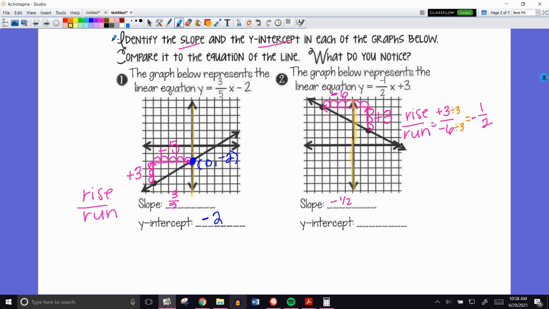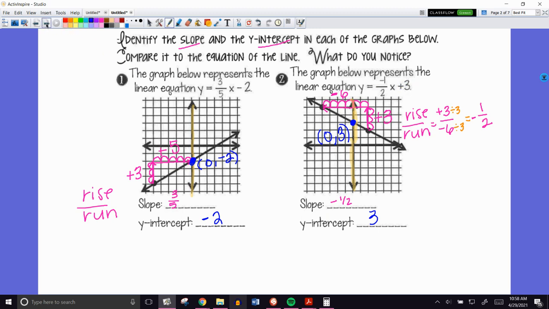Okay, so looking at that, I can see that it's right here, and that's at the coordinate 0, +1, 2, 3. So my y-intercept would be a +3. So when I compare these two, I do see that my slope still comes right before the x, and my y-intercept comes after the x.